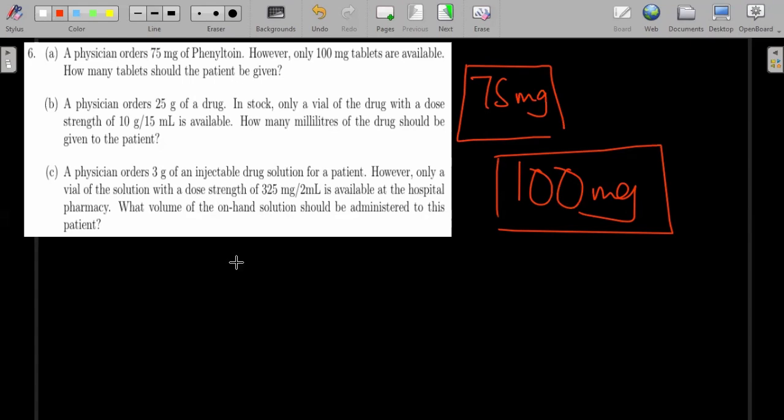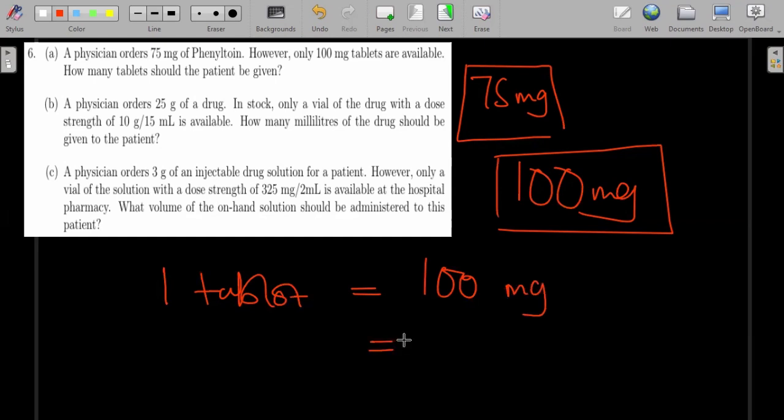Here we're going to use ratios. One tablet contains 100 milligrams. Now what if I want 75 milligrams?